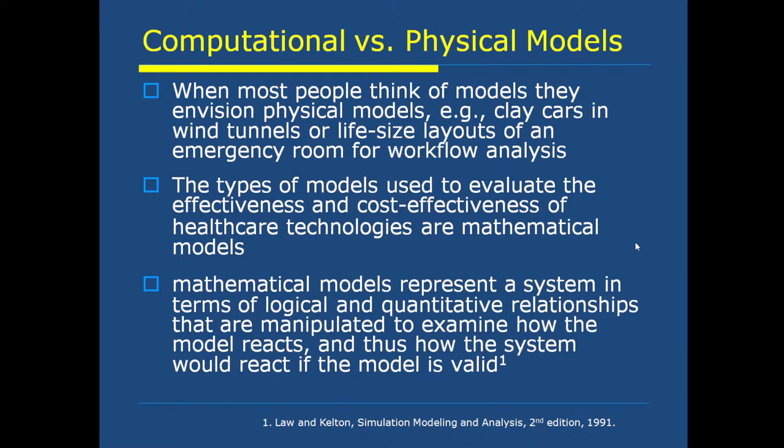The types of models used to evaluate the effectiveness and cost effectiveness of healthcare technologies are mathematical models. Mathematical models represent a system in terms of logical and quantitative relationships that are manipulated to examine how the model reacts, and thus how the system would react if the model is valid.